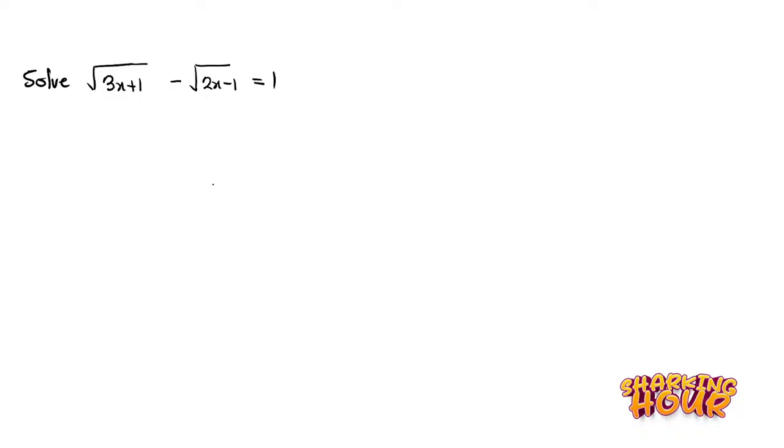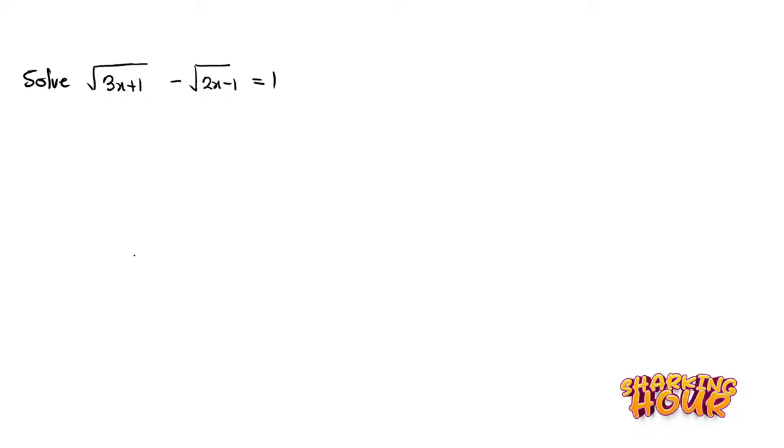Now, to solve this problem, we will do the exact same thing that we did for the first two examples that we already looked at. This equation is a little bit unique because we have 2x over here, and 3x over here. At the end of the day, we want to find the value of x that will satisfy this condition.